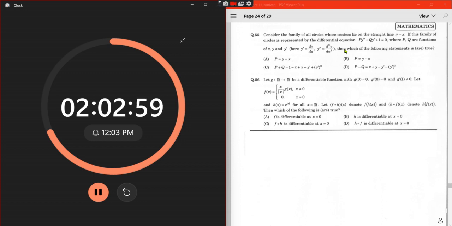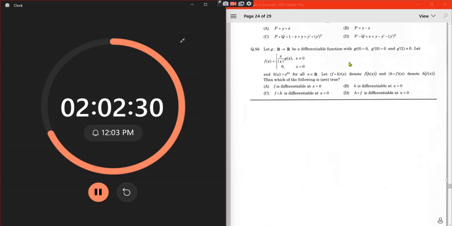So p plus q, y minus x है इसमें, and then 1 plus y dash square. That understands. p minus q is still y minus x चाहिए इसमें, नहीं है इसमें. So c is correct and d is correct. तो ठीक है, b and c.